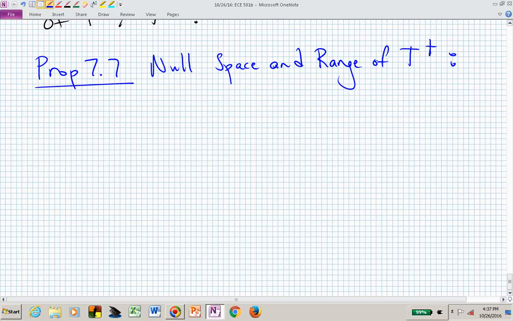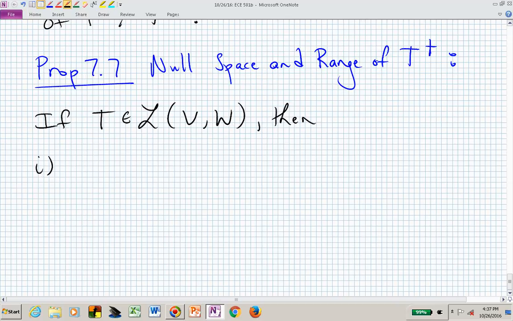And this actually has 4 different parts. If we have a linear map T taking us from an input space V to an output space W, then we can make the following connections.